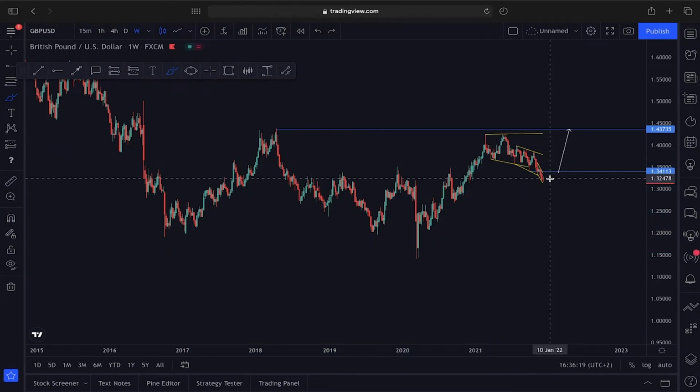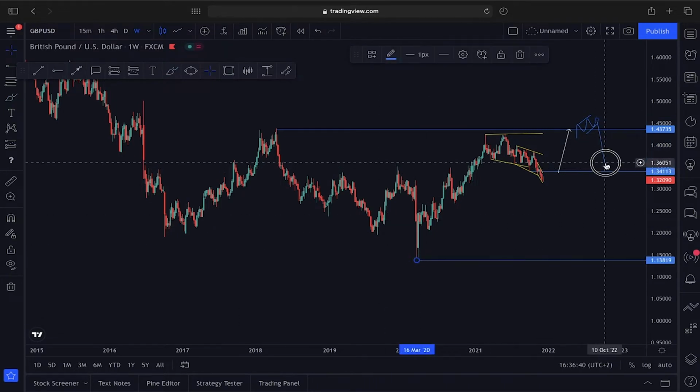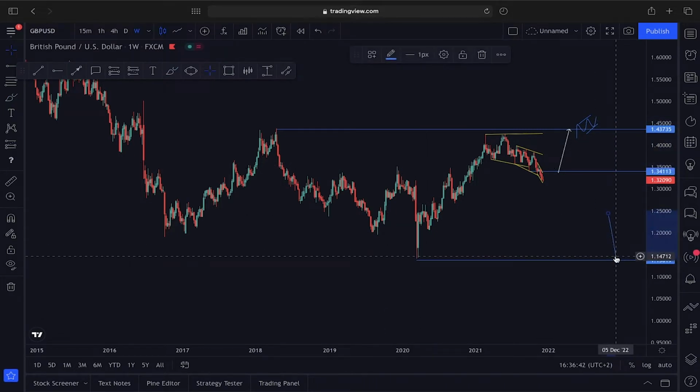Now, having established this, you are then able to gain confidence in price pushing up to these areas right here. And when price does eventually get to those areas, what we will be looking for are reversal patterns such as ascending channels, possibly taking price back to this ray line right here, or all the way down to these lows at the bottom there.